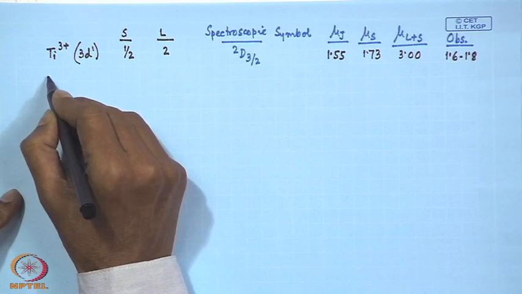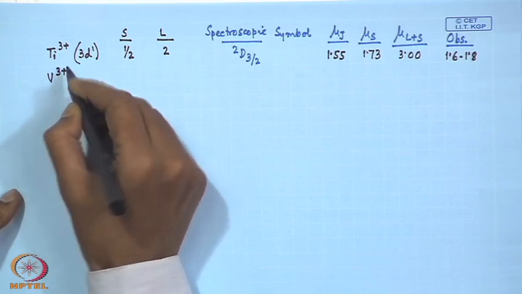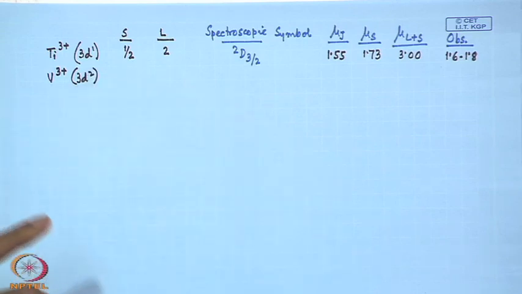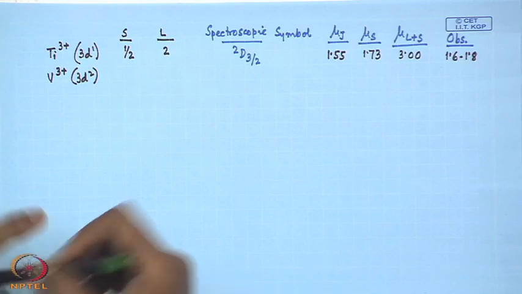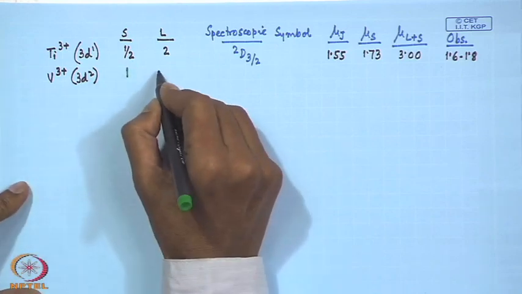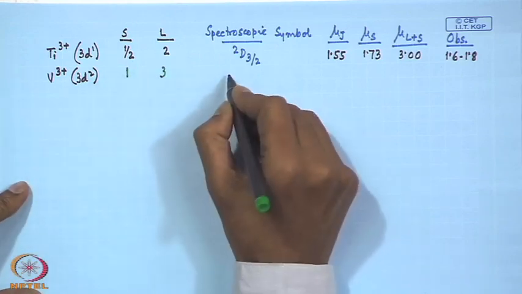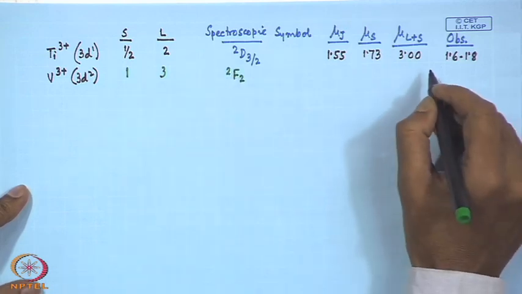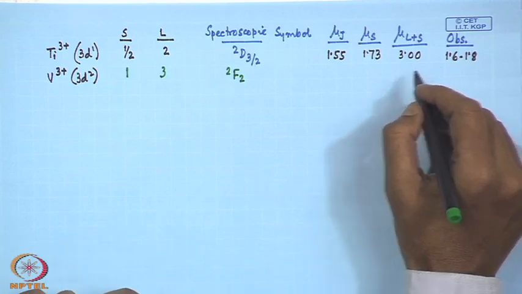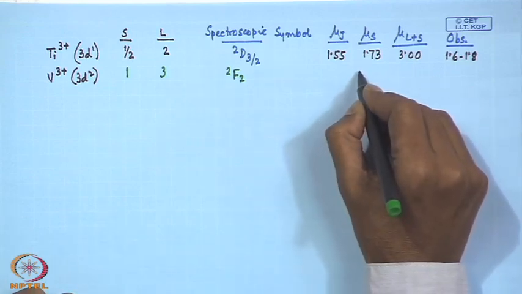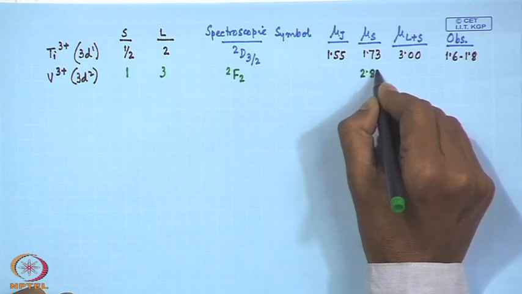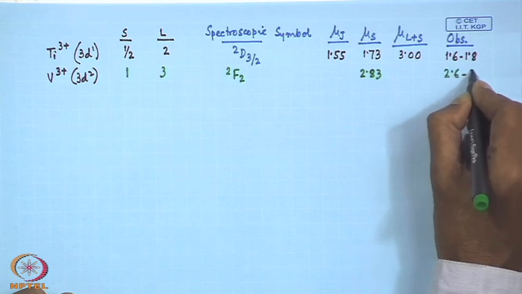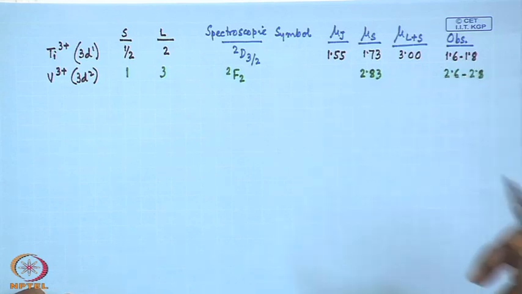Similarly, in case of vanadium 3 plus, which is the 3d2 electron configuration, S value is equal to 1, L value equal to 3, the term is 3F2, and as we have seen in our previous table, the mu spin only value is equal to 2.83 and the experimental values also range from 2.6 to 2.8.